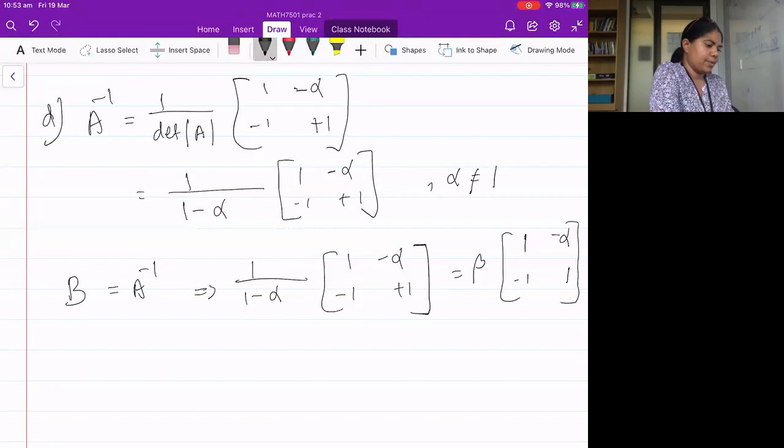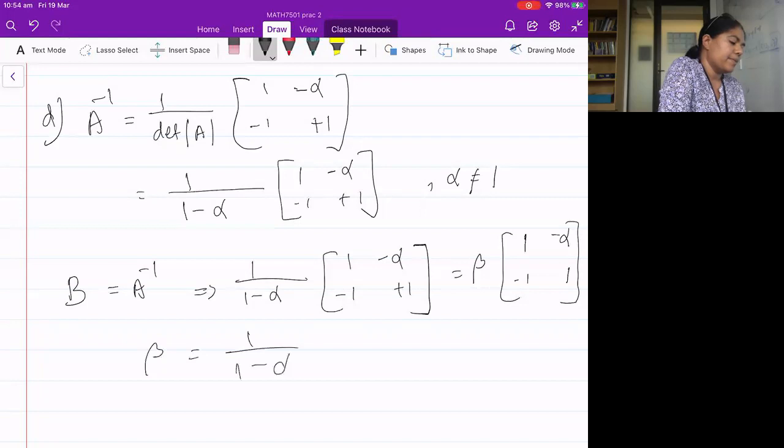Comparing these two, B and A inverse, what values of beta can you take? In that case, beta should be equal to 1 over 1 minus alpha, where alpha is not equal to 1.